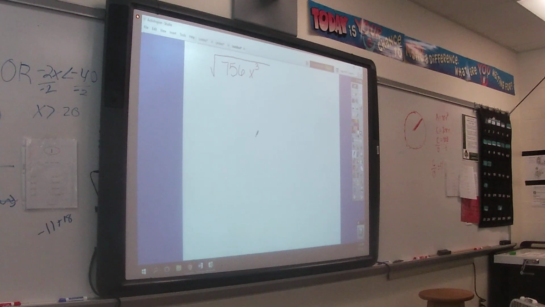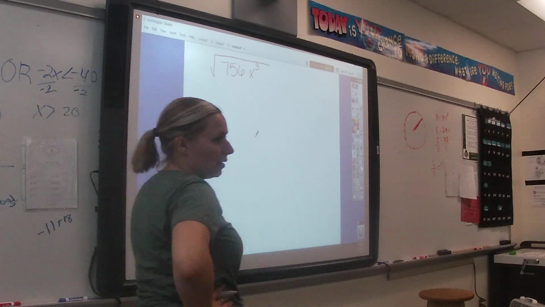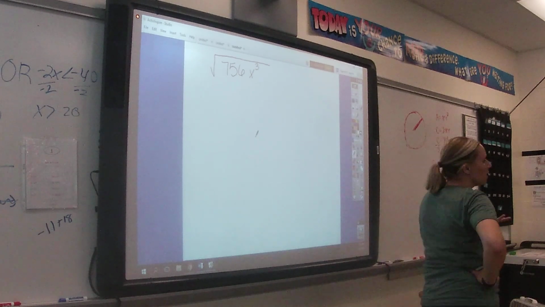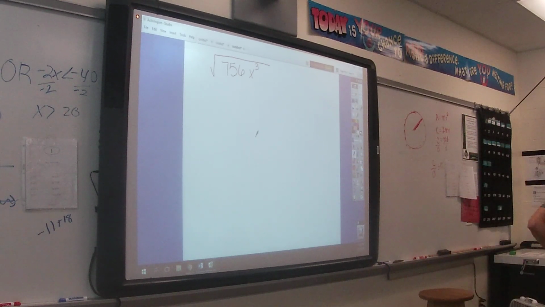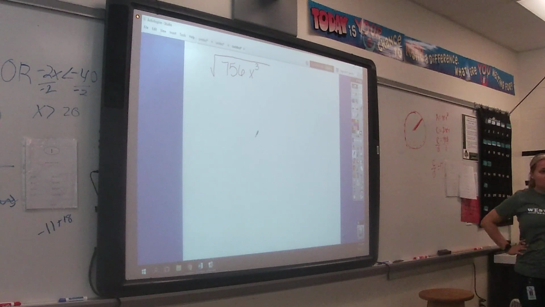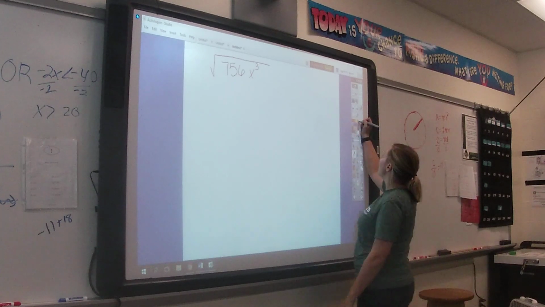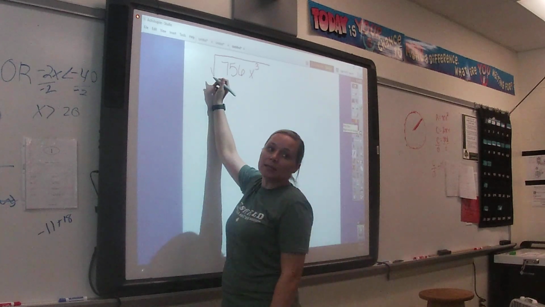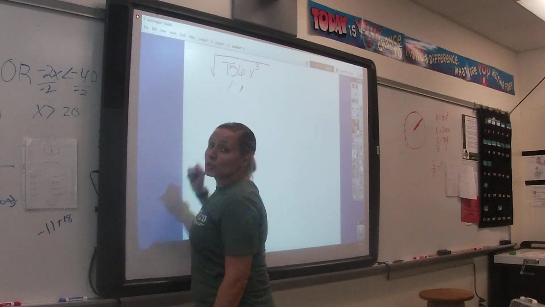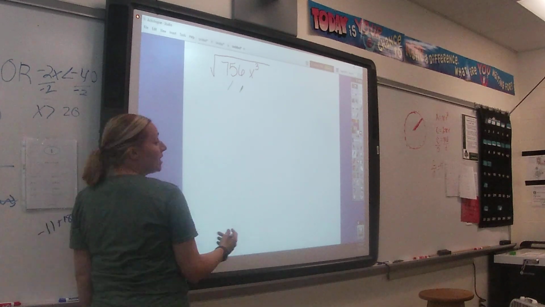I can't tell you off the top of my head the largest perfect square that will go into 756. I would have to start listing my perfect squares and dividing them in. It is way quicker to just start prime factoring. So if I start prime factoring, what goes into 756? 2. So we could take 756 and divide it by 2.